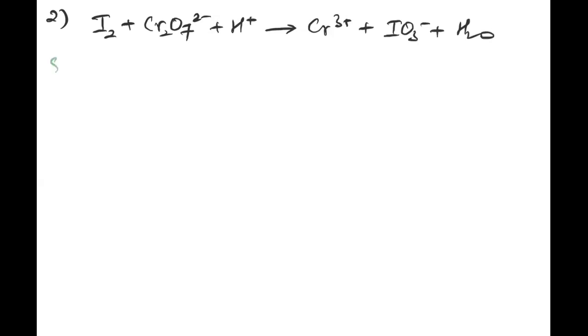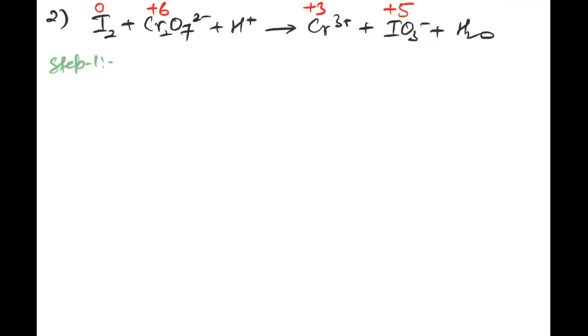If you remember, step one for balancing is to identify the reducing agent and oxidizing agent, and convert the given reaction into ionic form, which should consist of all relevant ions and molecules for which there is a change in oxidation number. The oxidation number of iodine is 0 here, and it is going to be +5. The oxidation number of chromium is +6 here, and +3 here.